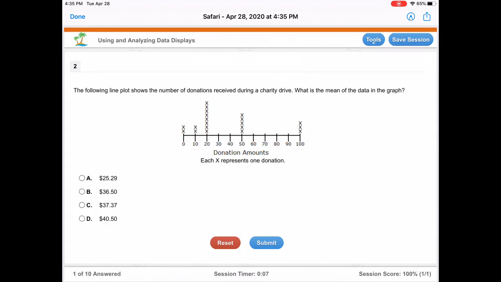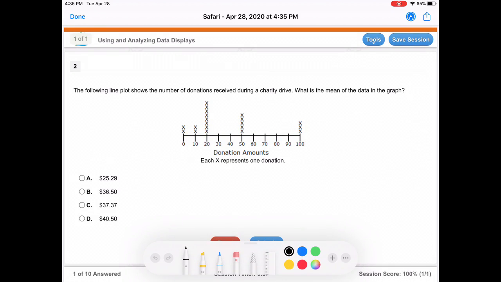So the next question has a line plot here, and every X represents one donation, and they want to know what is the mean of the data. So the first thing I'm going to do is figure out how many X's there are. We have 2 X's for 0, which is going to give us $0.